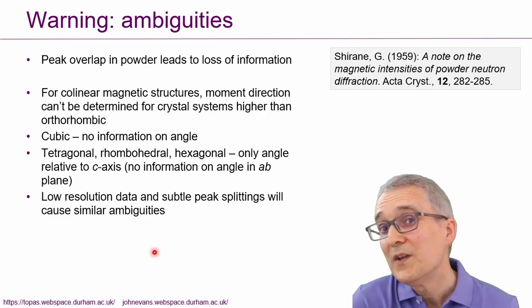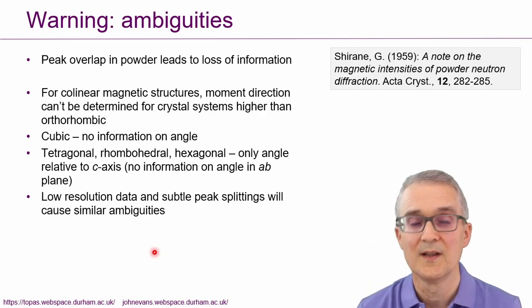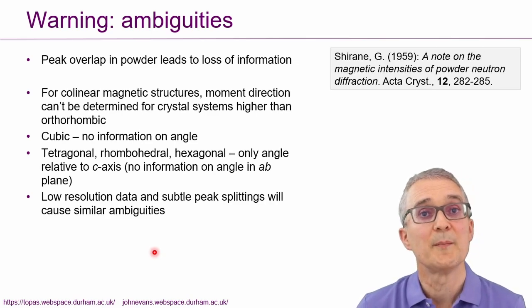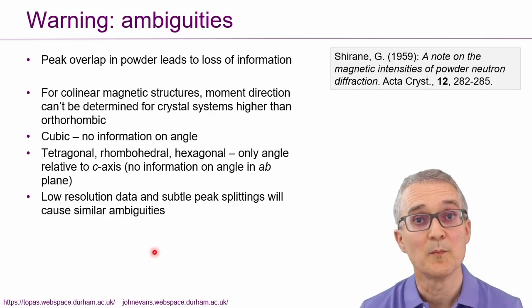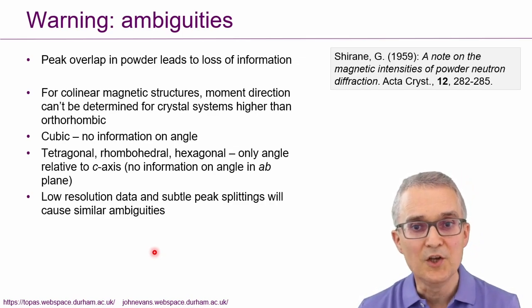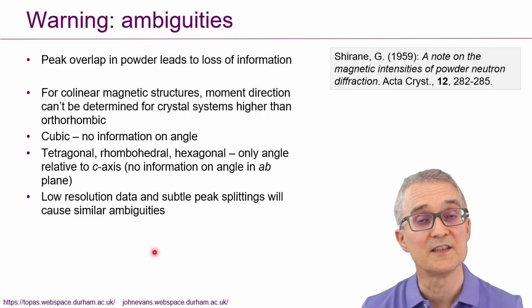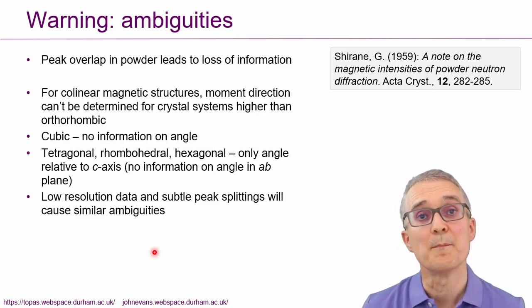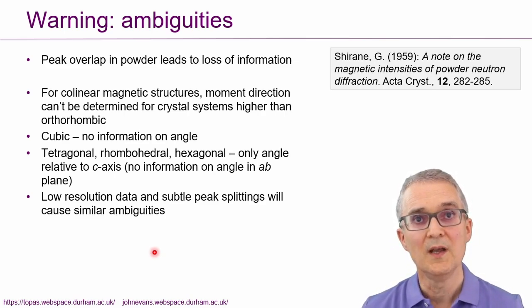And it turns out that when you're doing magnetic neutron diffraction, that means that you lose information about the direction of the magnetic moment in a material. So for a cubic collinear magnetic structure, all you can determine is the magnitude of the magnetic moment. You can't say anything from a powder diffraction pattern about the orientation of the moment.